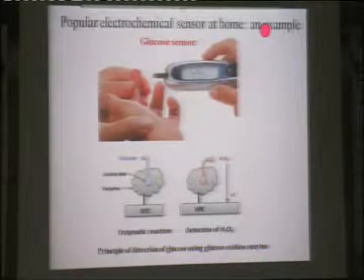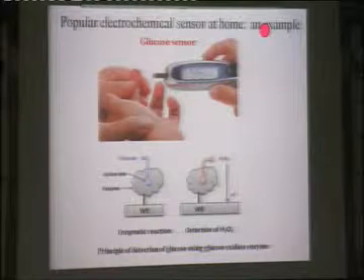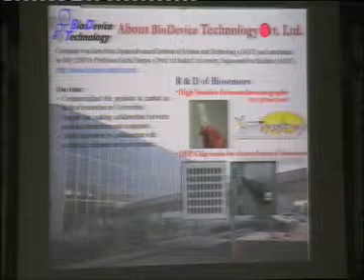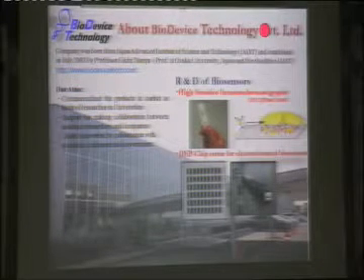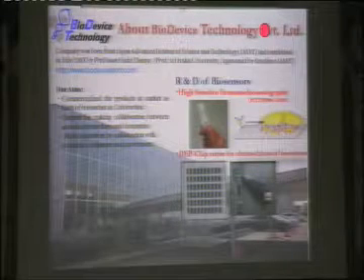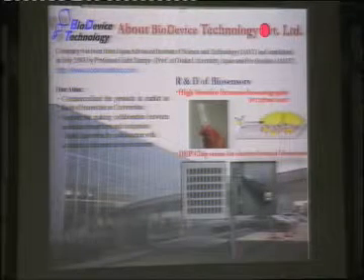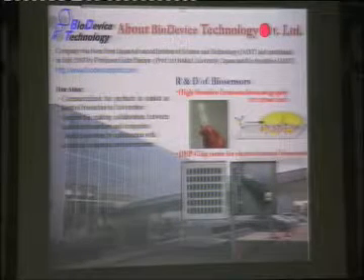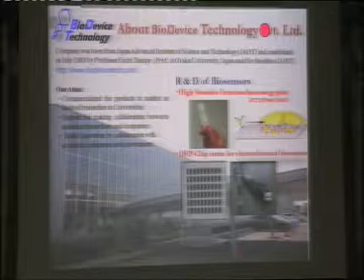When we are talking about electrochemical biosensors, one popular name comes to mind, that is the glucose sensor. I think you already know the glucose sensor. This is the most popular electrochemical biosensor, and it has a high impact on monitoring for diabetes management at home. The glucose sensor generally uses an enzyme called glucose oxidase.